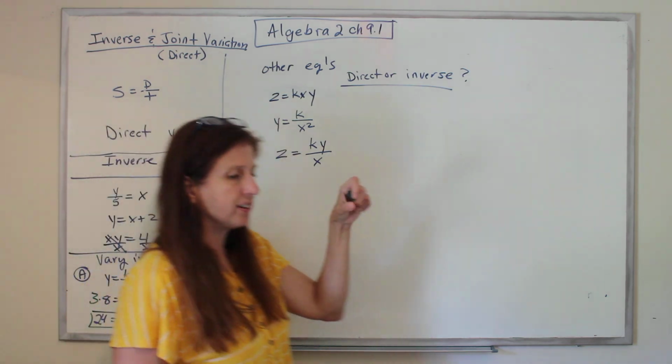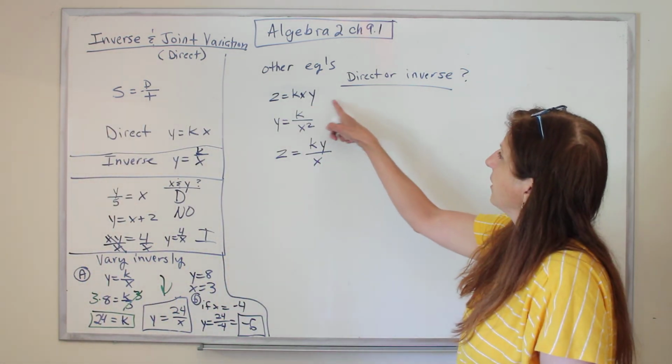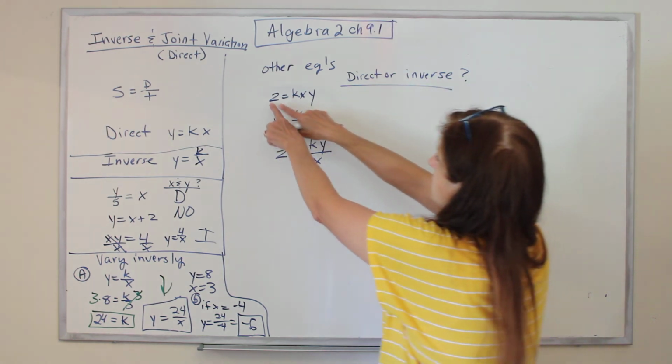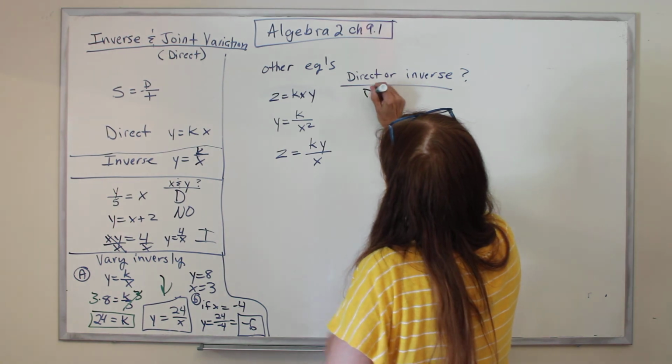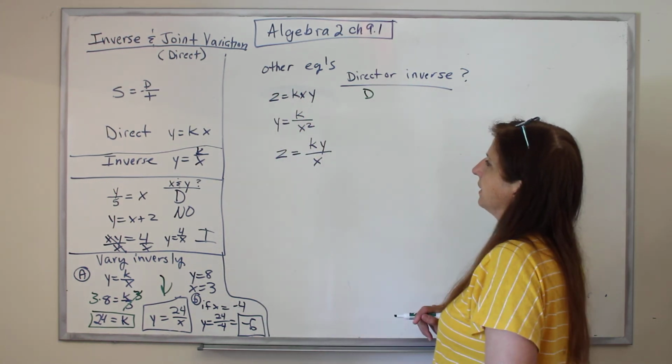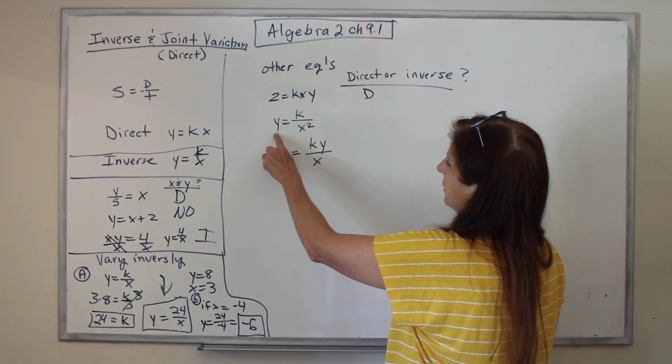Okay, so what about if there's a z? Do you think these vary inversely or directly? Well, it's all direct, because they're all in numerator land. Z varies directly with X and Z varies directly with Y. How about this one?